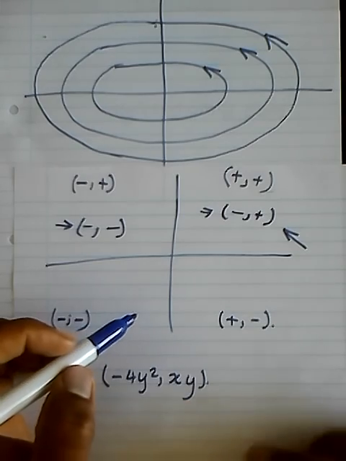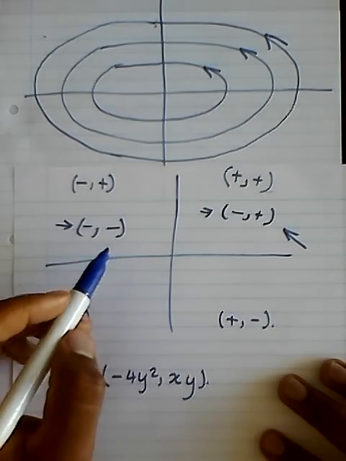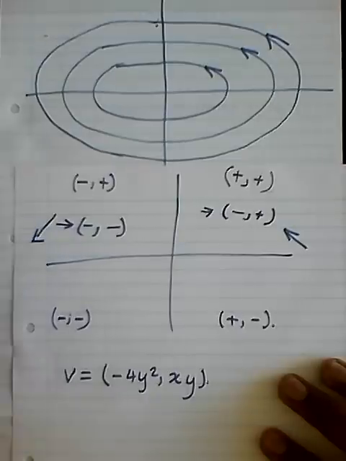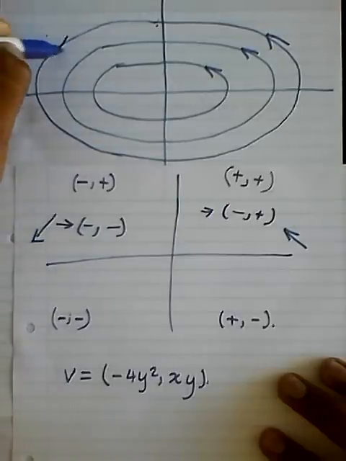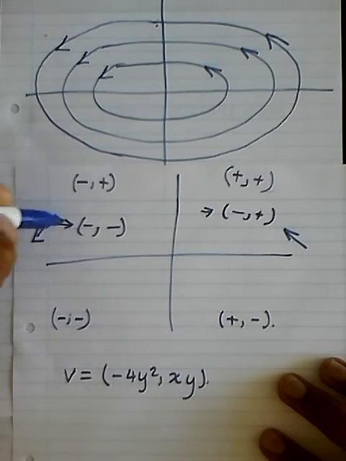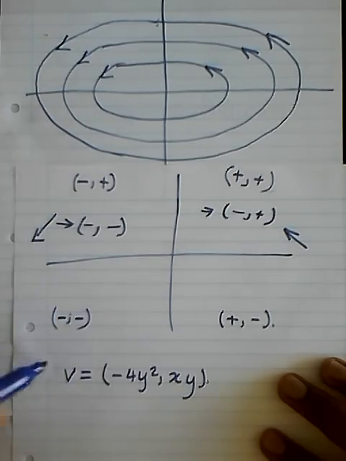So with the negative, it is down and to the left, so the direction here is in this way, meaning that it is running this way. Down to the left.